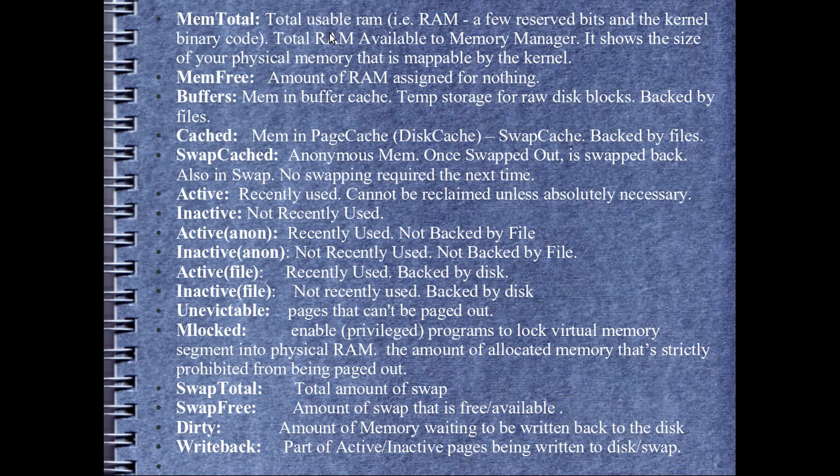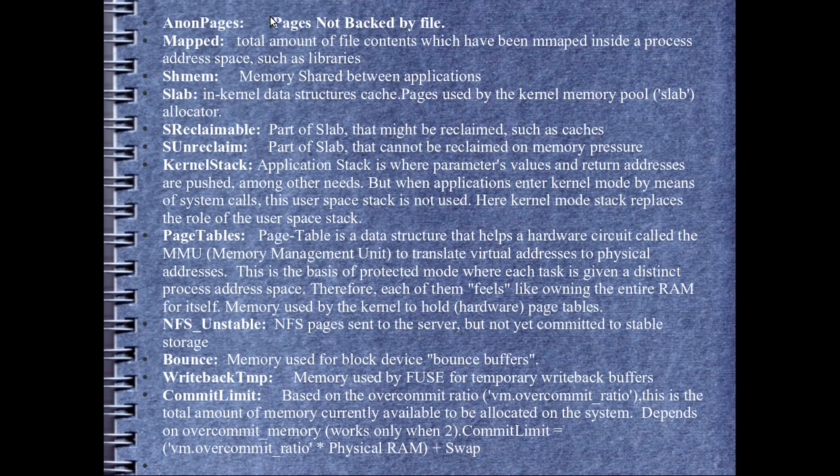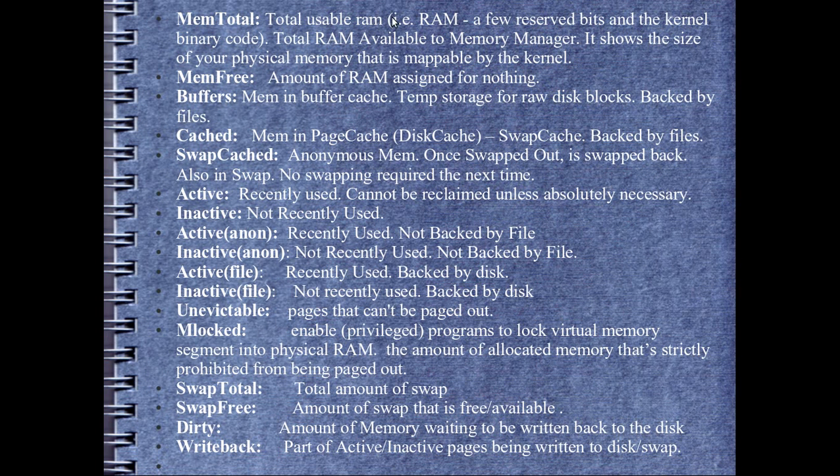So understanding various parameters that we had a look into by typing the command proc meminfo. MemTotal is the total amount of RAM which is visible to the memory management unit. Okay, it is actually the total amount of RAM minus some part which is used by the kernel and some reserved bits.